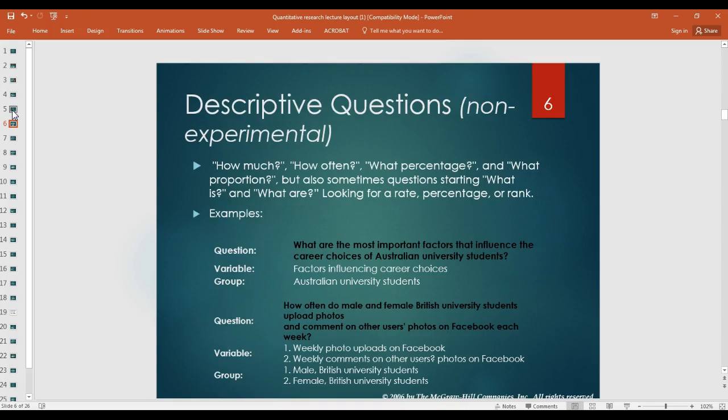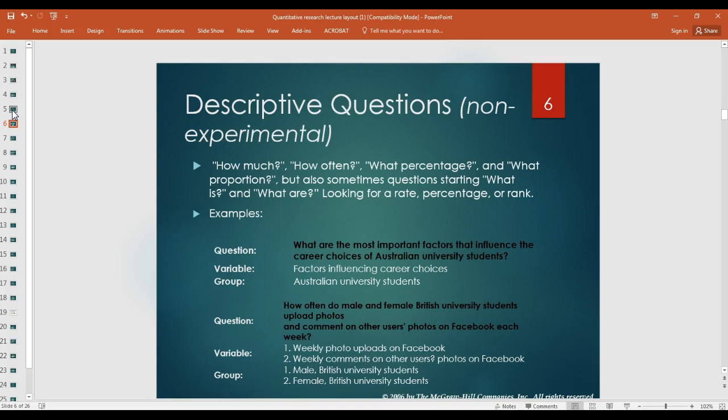Descriptive questions really refer to the non-experimental type of research design. So if you choose to do a non-experimental quantitative research design, then your questions will have to be descriptive questions.